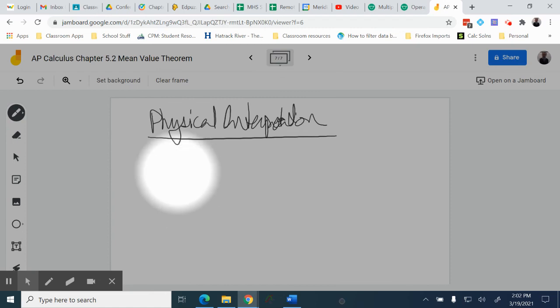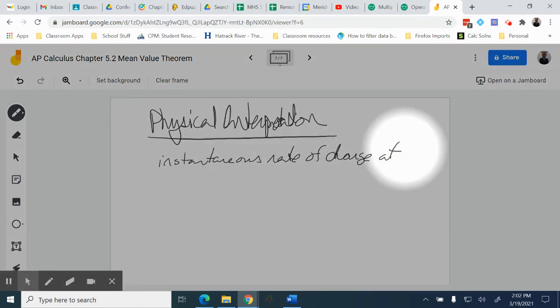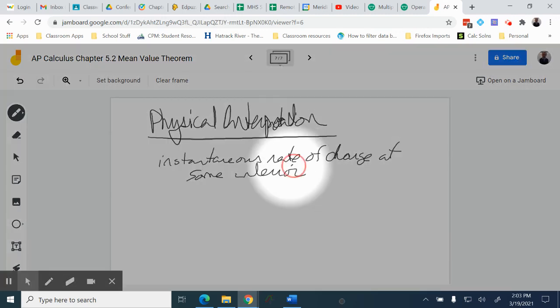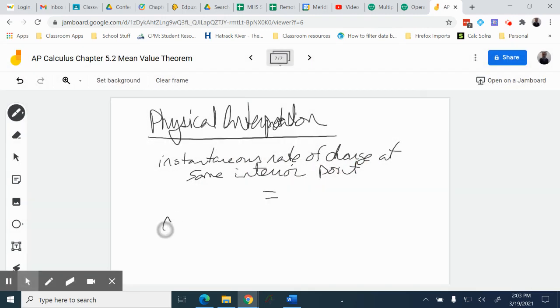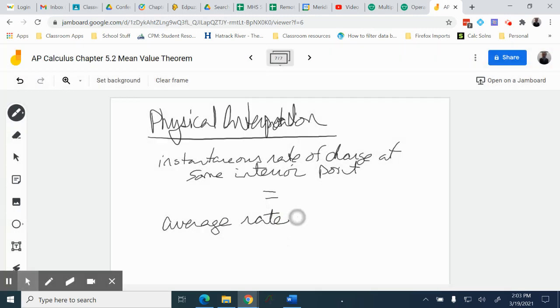The instantaneous rate of change at some interior point is equal to the average rate of change between the endpoints.